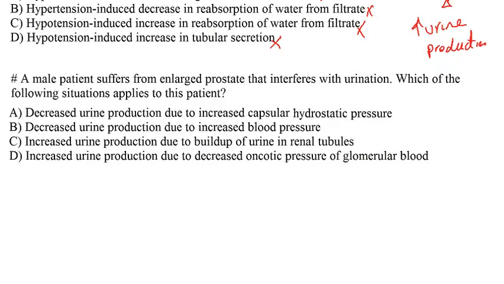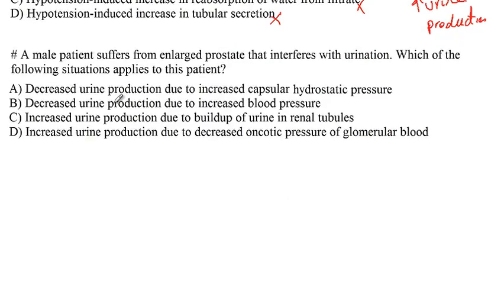And then the last question is, a male patient suffers from enlarged prostate that interferes with urination. So prostate is actually surrounding the urethra. If the prostate enlarges, it constricts the urethra, and that's how it interferes with urination. So the question is, which of the following situation now applies to this patient?